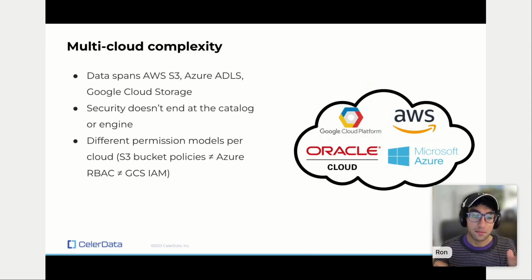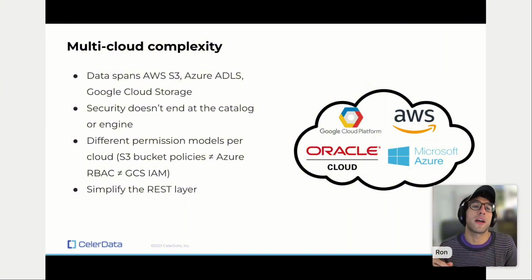They're going to be using different configurations and setups, just because inherently they're not on the same environment. So your goal is to simplify the REST layer, simplify the catalog layer, so that it's easier to interact with all of these different clouds. So that is some of the challenges and some of the risks that go in with REST catalog security.